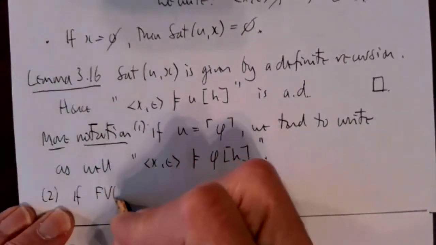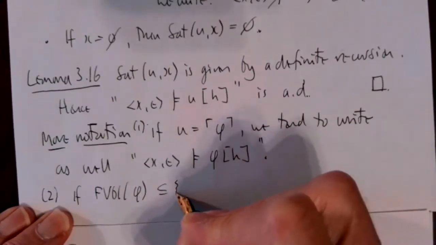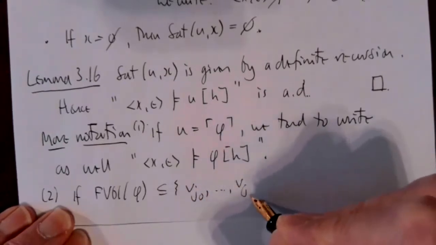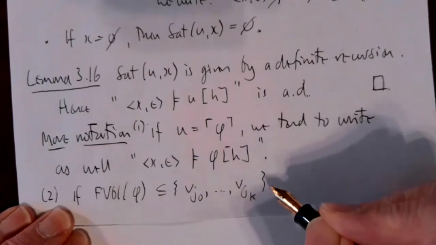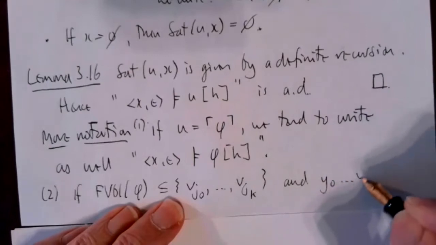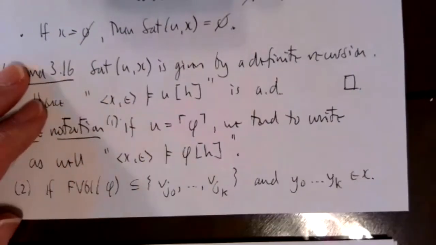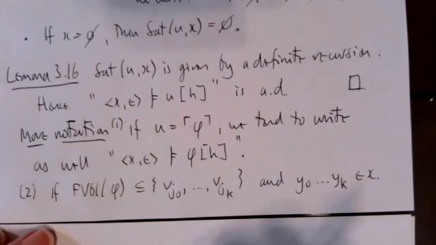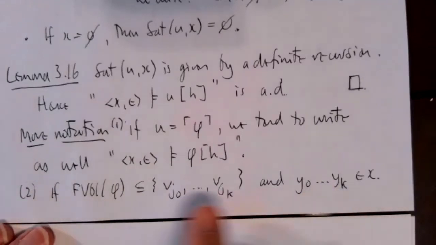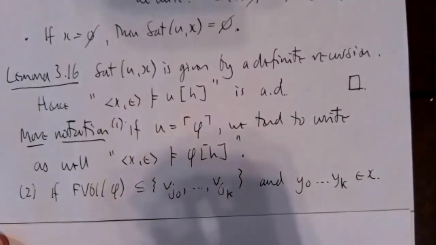So if the free variables of phi are contained in Vj0 up to Vjk, whatever they are, and I've got objects y0 up to yk in X, I'm really only interested in the assignment function that sends vji to yi. I'm not really interested in the rest of such an H.